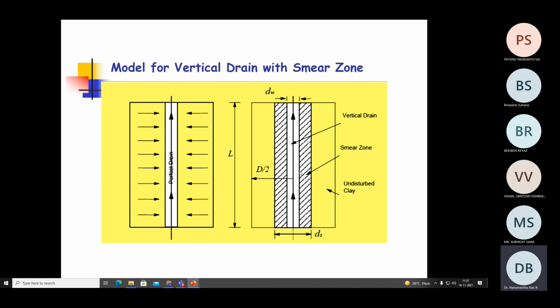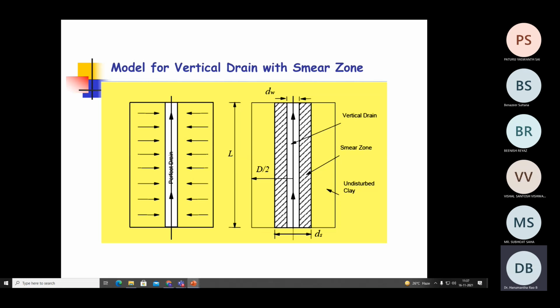So this schematic will give you more details about the smear effect. Here at the middle, where dW is shown, dW designates the diameter of the PVD. Because of the borehole making, as I told, there is some disturbance to the borehole walls. That disturbed zone is designated as the smear zone. So ds is the diameter of the smear zone, and the outside dE is the zone of influence of the PVD.